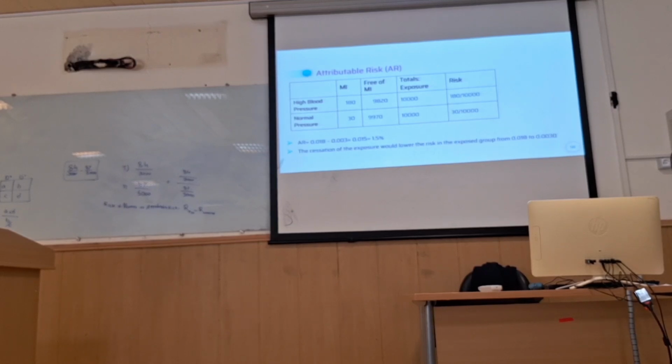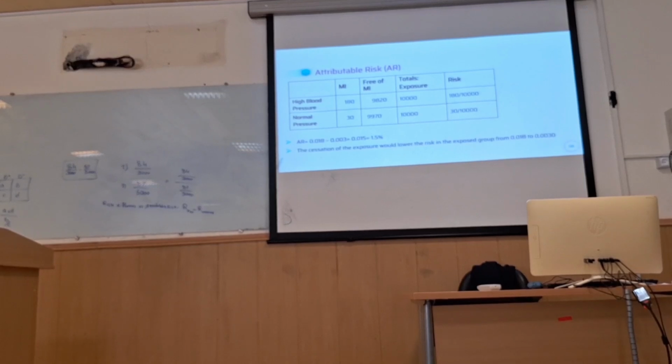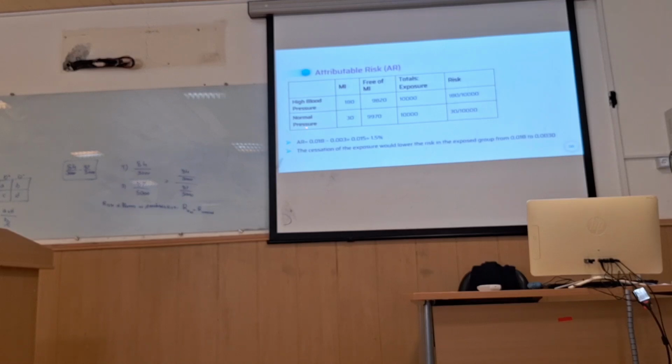It means at first you selected some people who have high blood pressure and some people who don't have high blood pressure. After that, you follow them. 180 people developed MI in the high blood pressure group, and in the other group, 30 people developed the disease or MI.